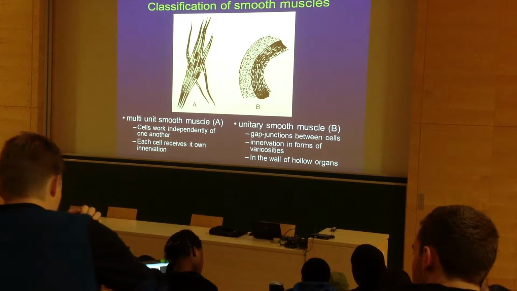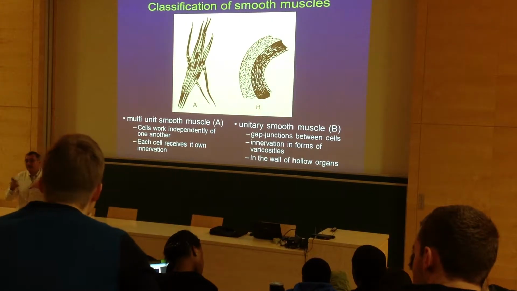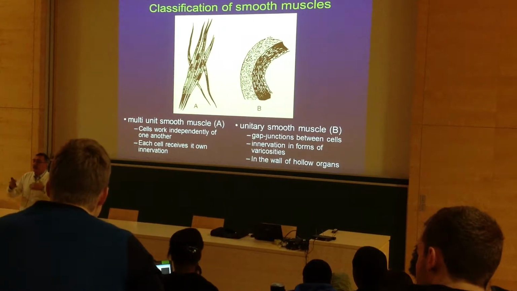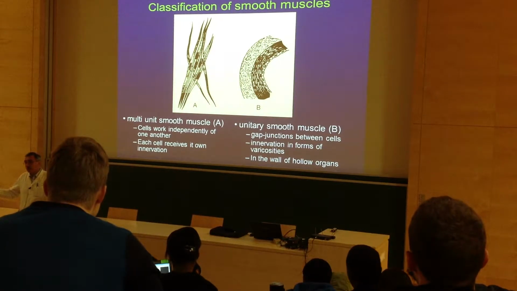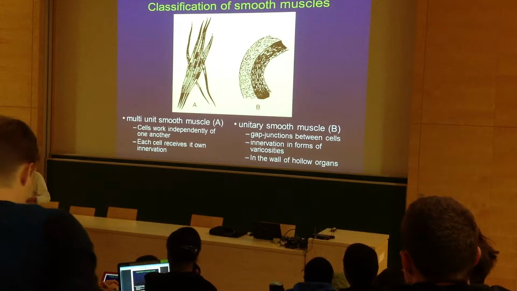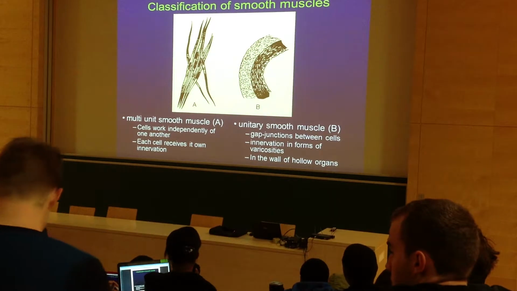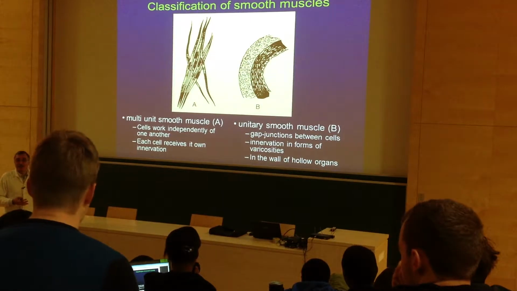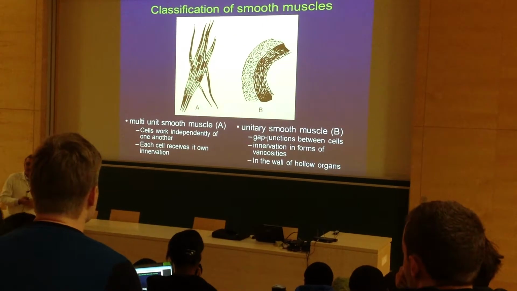Unitary smooth muscle should be envisioned as a system where the smooth muscle cells work as a single unit. That is, if a muscle cell in this system contracts, all its neighbors will contract as well.